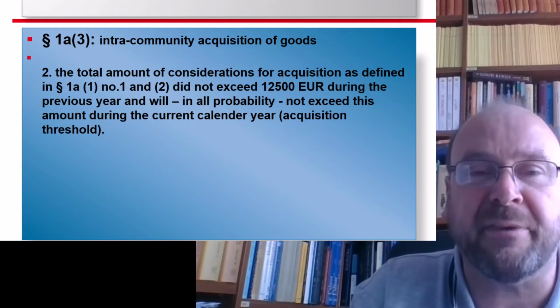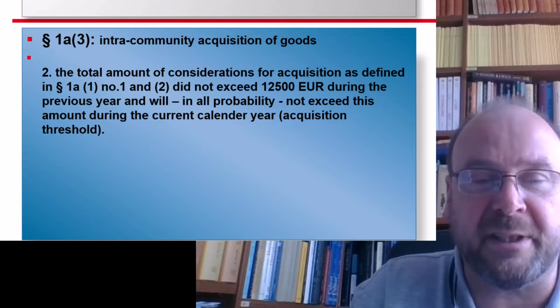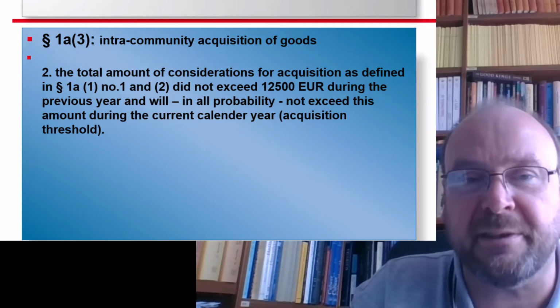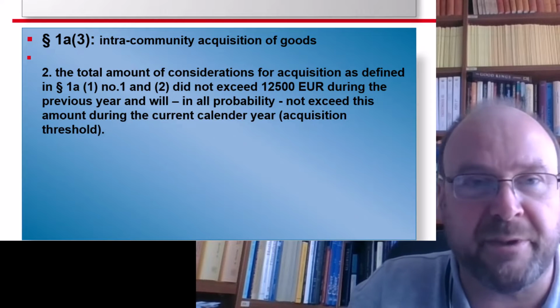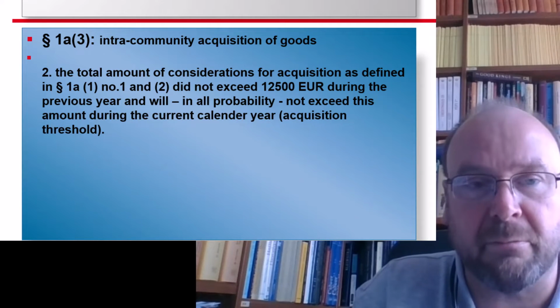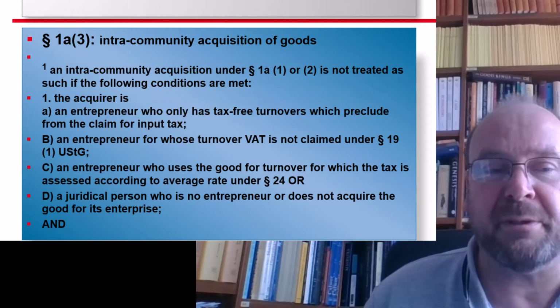The idea there is, if last year you surpassed the threshold and you were forced to hand in a VAT declaration and to learn how the rules work, then you can also do this year. Naturally, that makes sense. So let's go a bit backwards.